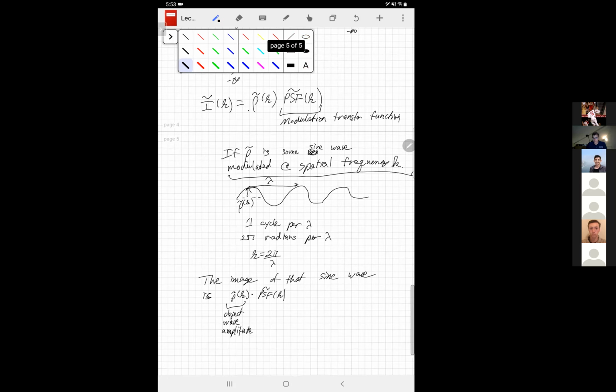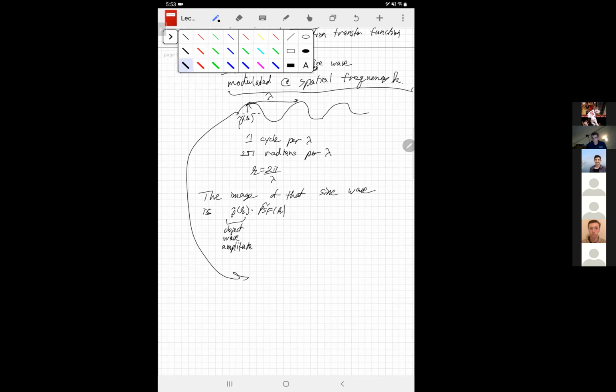And then this is our input object, send it through a lens, send it through some imaging device. What finally gets output on the screen is something that's a little less stark.